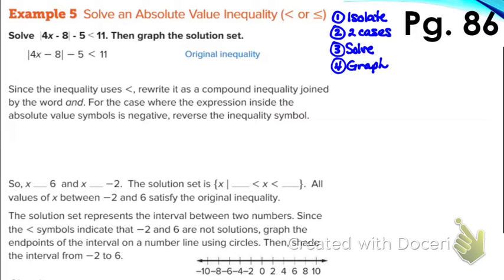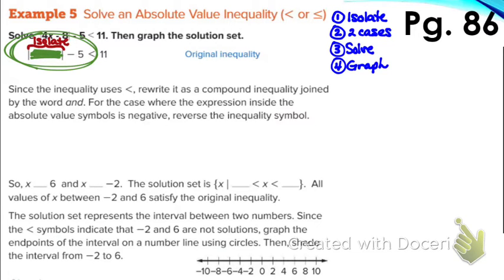Is my absolute value isolated on one side in this equation here? No. Here's my absolute value. This is the part that means distance. I need to isolate this. So I'm looking just on this side. Remember, I can't touch anything in here that I'm trying to isolate.